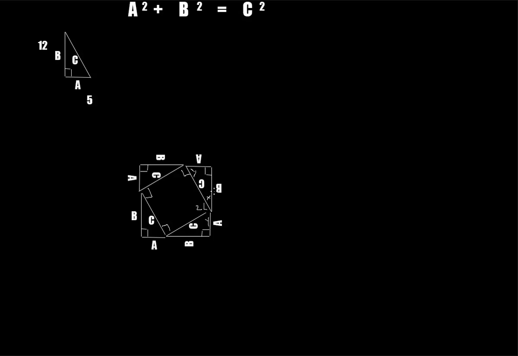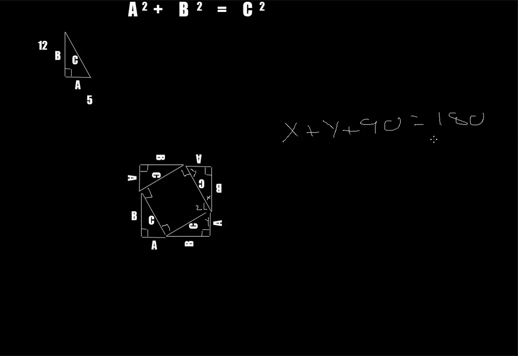Alright, so you may or may not know that the degrees of a triangle, when you add up all the angles, is 180. So if this is angle X, and this is angle Y, and this is a 90-degree angle, we end up with X plus Y plus 90 equals 180.